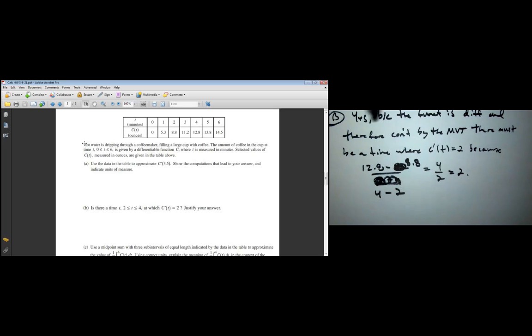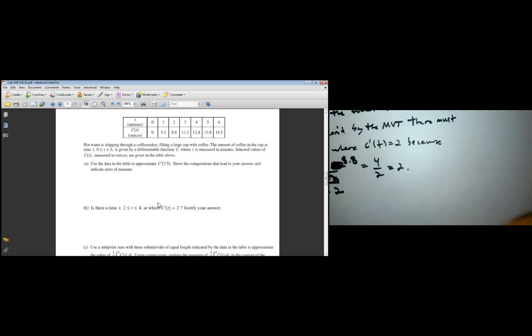The question says, is there a time where the tangent slope is equal to 2? And I'm showing you that the secant slope is 2. So if the secant slope is 2 and the thing's differentiable and continuous, the mean value theorem says there has to be a spot where the tangent slope is 2. So what that question is saying in English is, here's your fake curve.